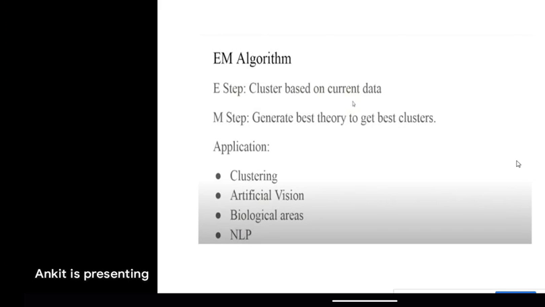Whatever the estimated value obtained from the E step, the machine then applies its theory to generate the best output. There are several applications of the EM algorithm like clustering, artificial vision, biological areas, and NLP.